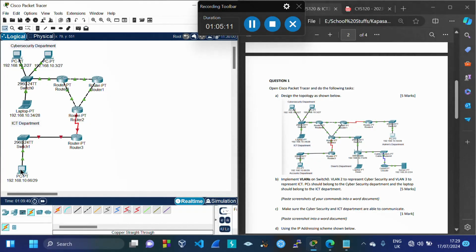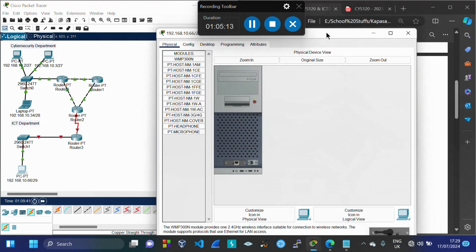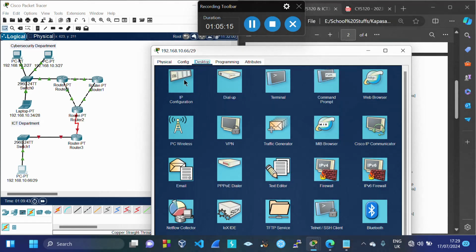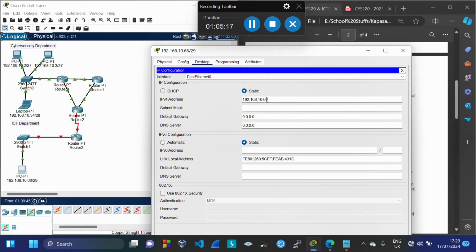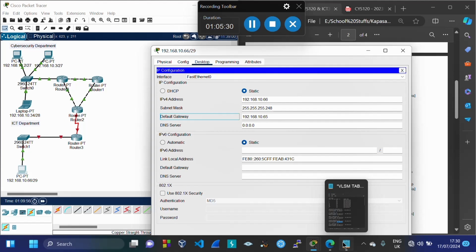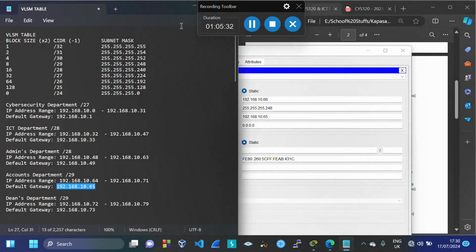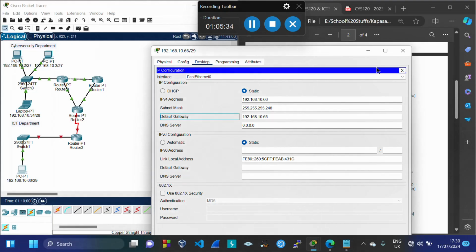So I'm going to go on this switch PC, then under desktop, IP configuration, I'll paste that given IP address. Then /29 is 248, then its default gateway is 65, based on what I showed you. Okay, then we have configured it like that.